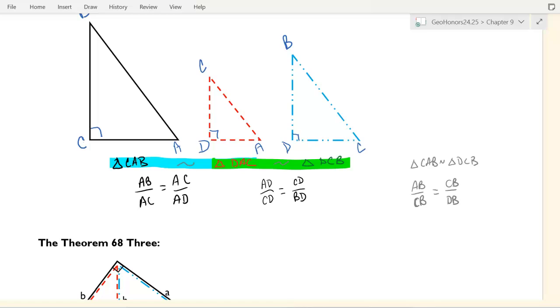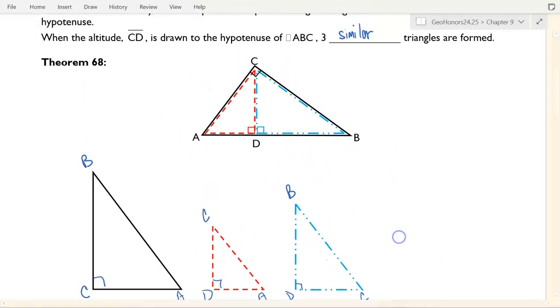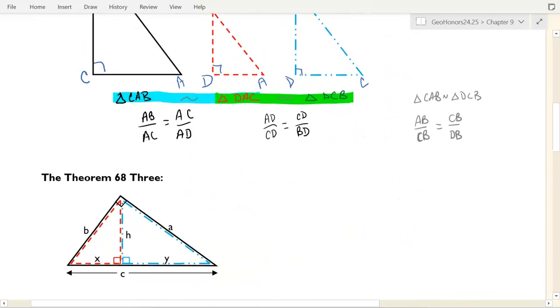So we can use these setups when we have an altitude drawn to the hypotenuse of a right triangle, creating three similar right triangles. In other words, the altitude to the hypotenuse is the mean proportional to the legs, is another way we can state that.